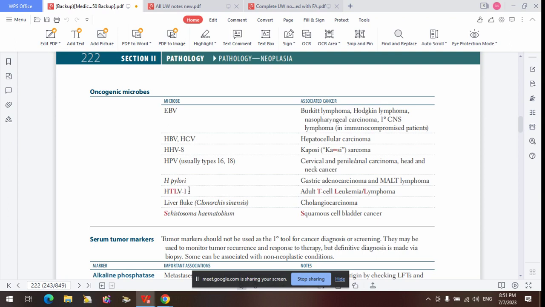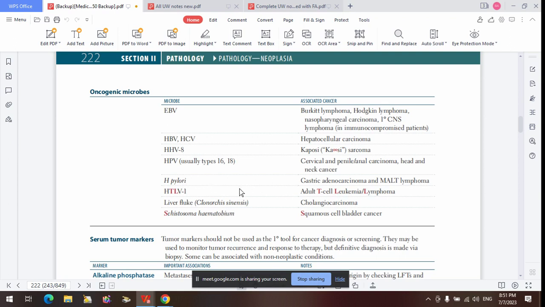And we've said that chronic inflammation is a fertile ground for metaplasia or dysplasia to happen. So H. pylori causing chronic gastritis can further lead to intestinal metaplasia of the epithelium of the stomach, and from there they can go to gastric adenocarcinoma.